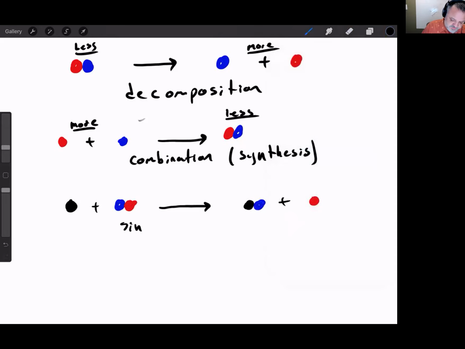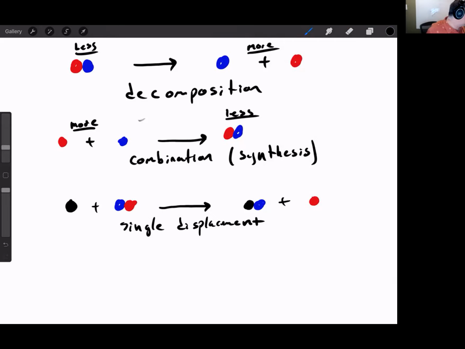This one is called single displacement. So in this reaction, one of the partners swaps.